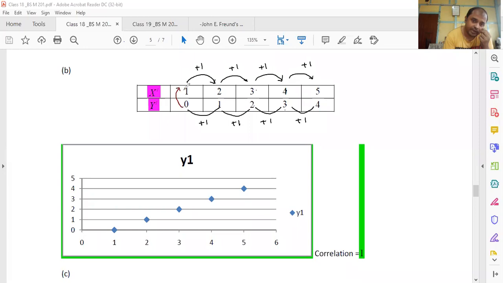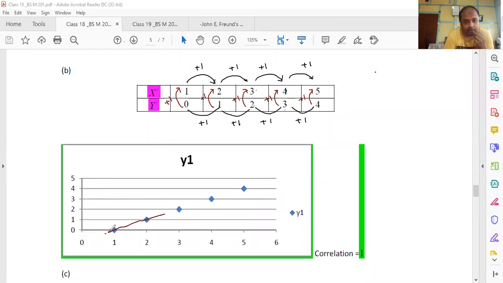Just carefully observe. If you write the direction from Y to X, it is +1, +1 increasing. And if you give the direction from X to Y, you can write it as -1, -1 decreasing. But you know that when this happens, then the correlation is positive.